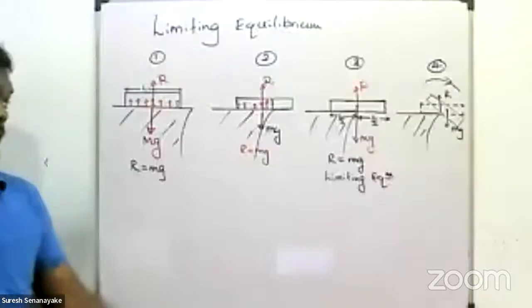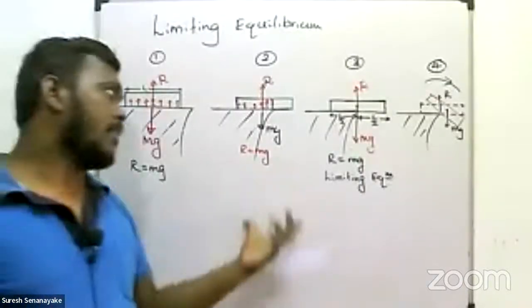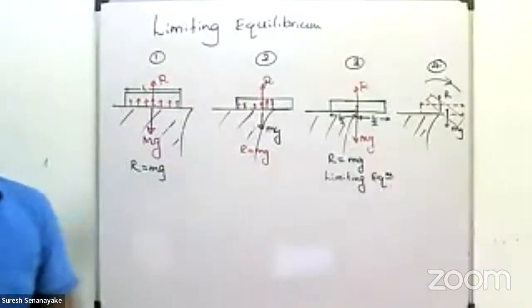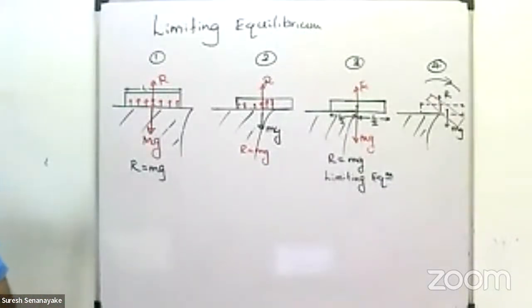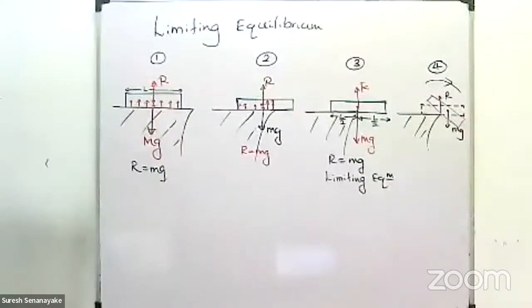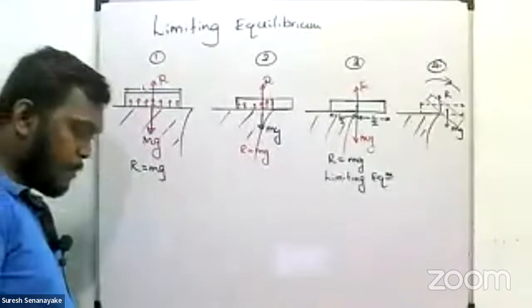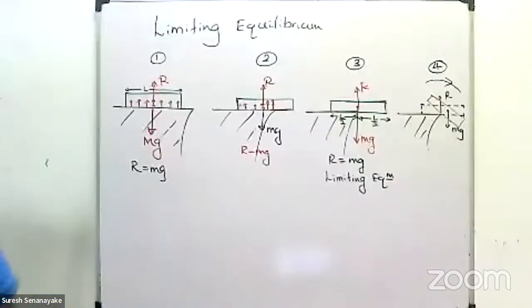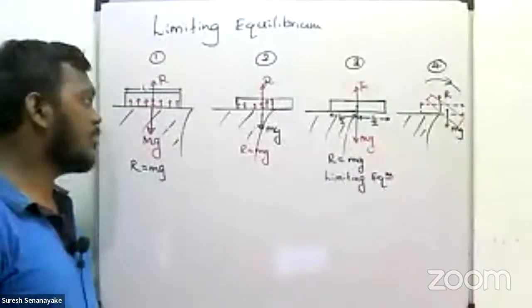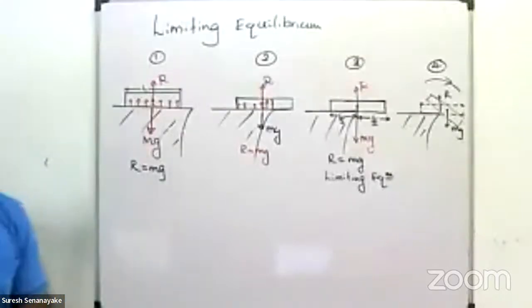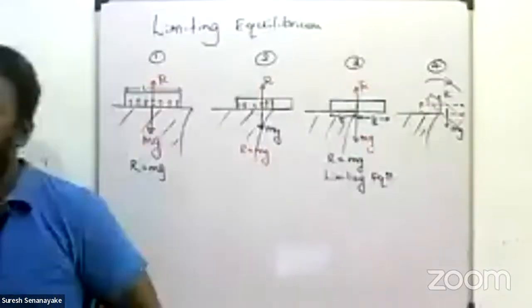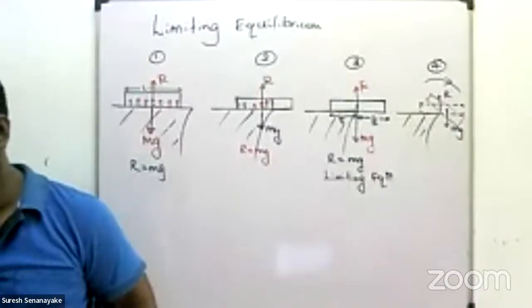Then write this even below this one, right? Here, system of uniform normal reaction.